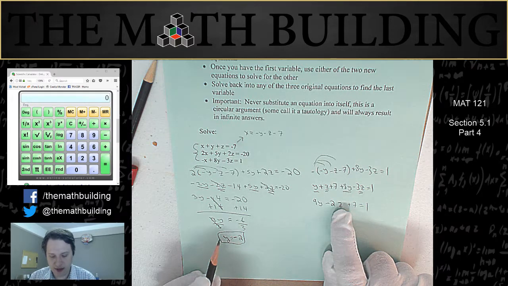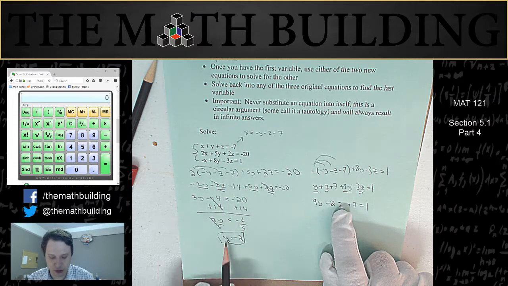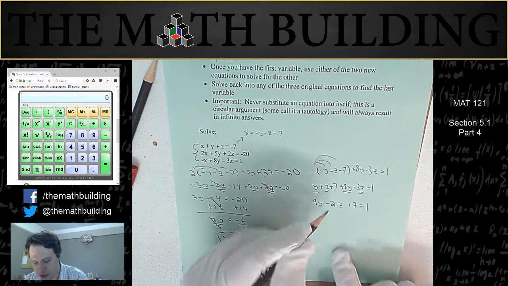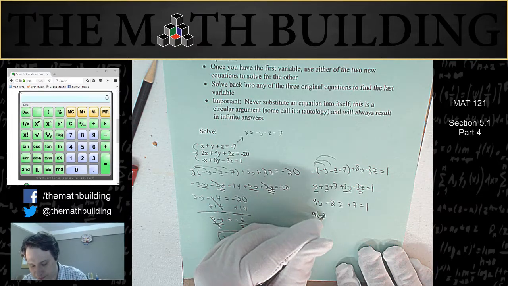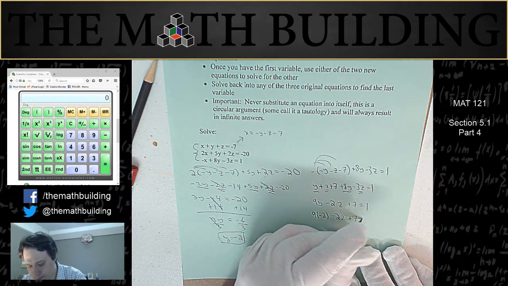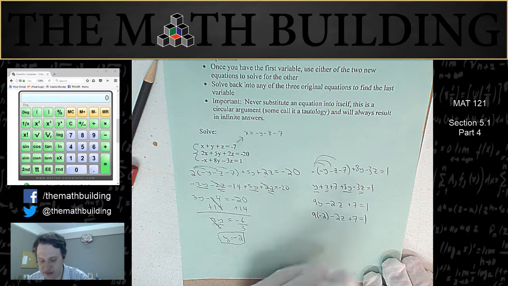Don't plug this back into one of these equations, because remember the two z's canceled, so you just get this every time, so that's not helpful. Instead, let's plug it into this equation. So y equals negative 2. Okay, so 9 times negative 2 minus 2z plus 7 equals 1.